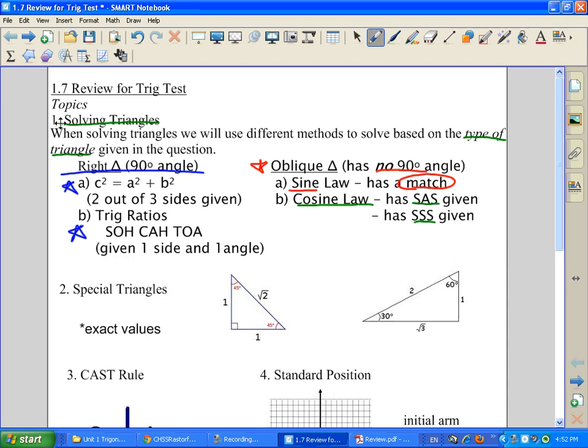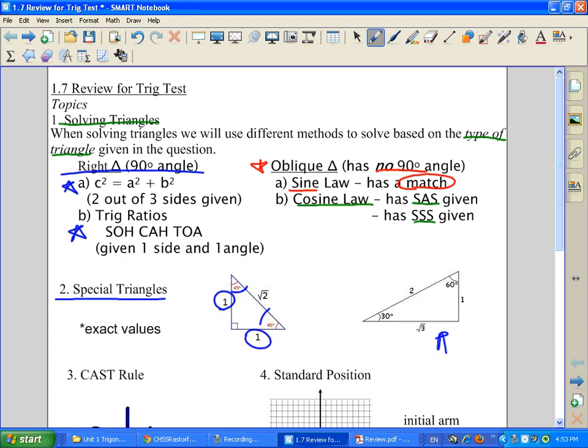All right. Second topic I thought we'd discuss is the special triangles. You do need to have these ones memorized. Please do not expect me to provide them on your test. Basically, it's the 1, 1, root 2. Just remember, guys, that it's 1, 1, which means if the side lengths are proportional, equal, then so do the angles. So that's your 45, 45. And then you've got your 1, 2, root 3 triangle over here.